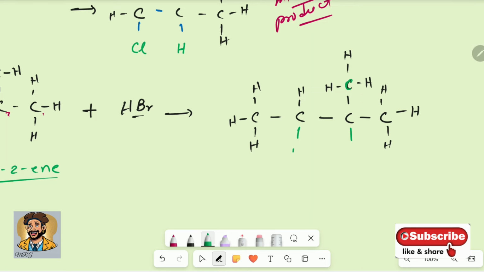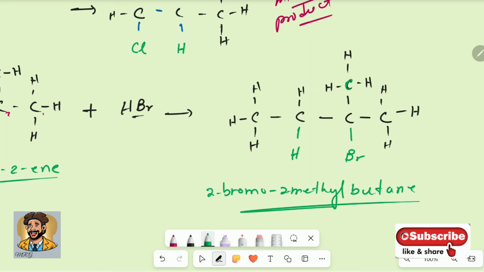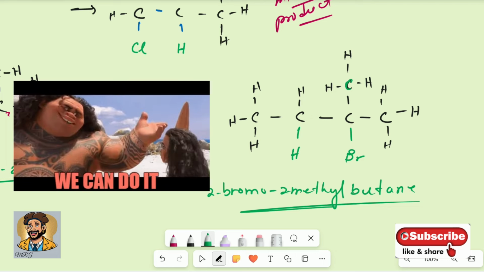So in other words, this one here has more hydrogen because it has 1 hydrogen there. This carbon is not bonded to any hydrogen. It's bonded to another carbon. So the hydrogen will go there and the Br to the other. You see? Yes, it's easy. So the name of this compound will be, and that is the major product. It's really simple.